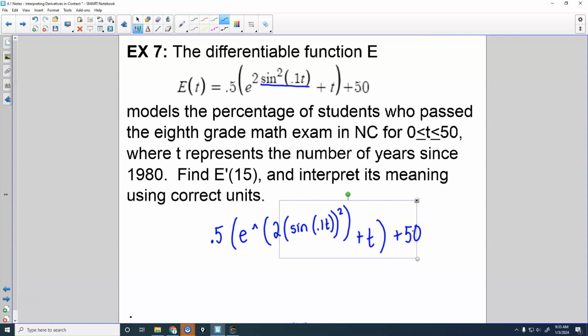Because that sine squared, you have to write as sine of 0.1t squared. And if it's not doing right, make sure you got 1, 2, 3, 4 open, so you got to have 1, 2, 3, 4 closed parentheses.